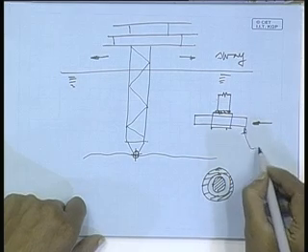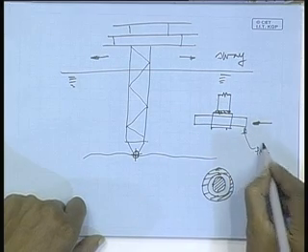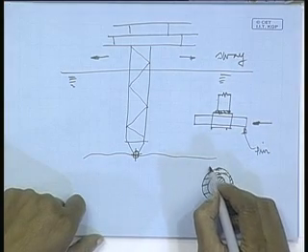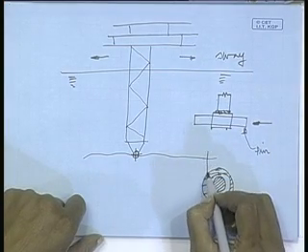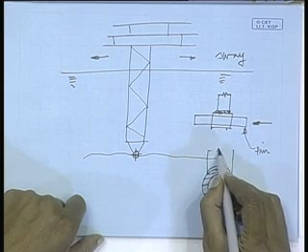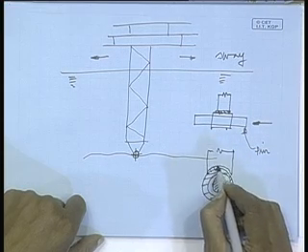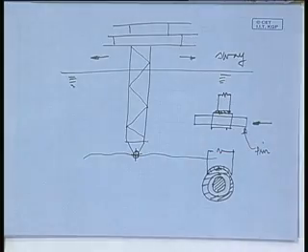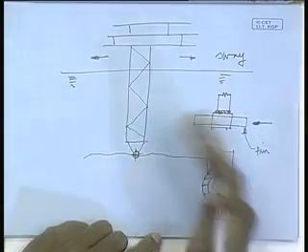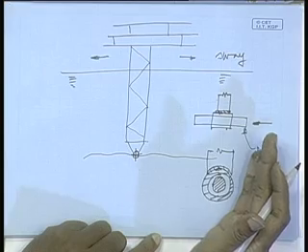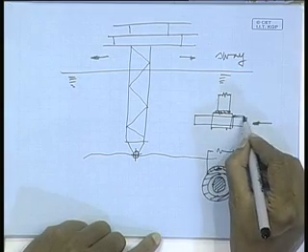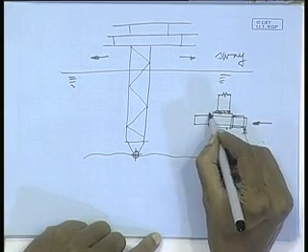This is my hinge pin. To it I have connected, welded, the entire tower, say. This will be a huge one. So it is connected to this so that it can rotate about the pin. And then you have the other part, and this one is grouted at the seabed.